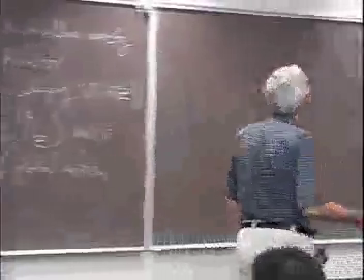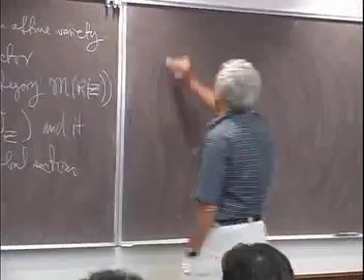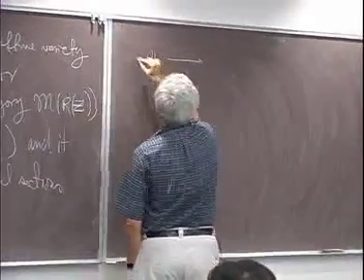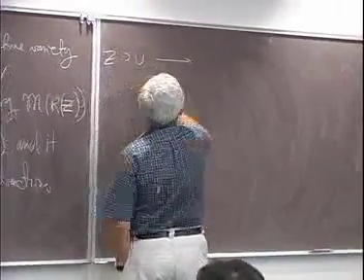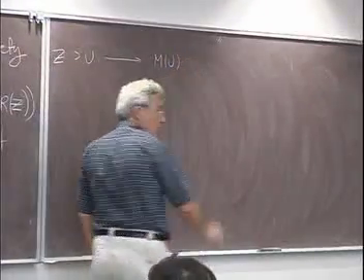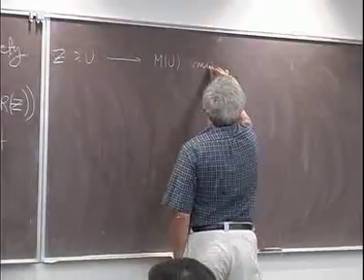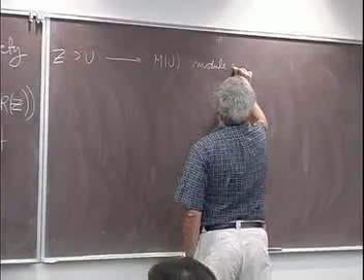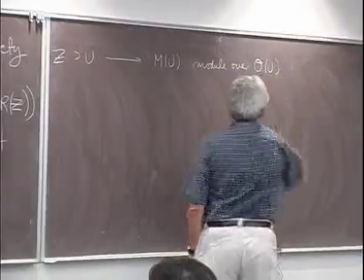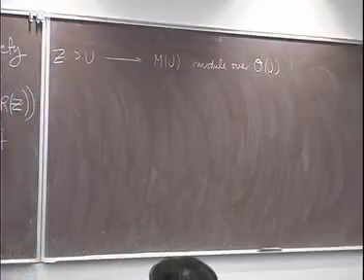So I didn't define sheaves precisely. What is a sheaf of modules? I am taking open sets in my Z, and to each open set, I attach M of U, which is a module over O of U. But this assignment has certain properties.